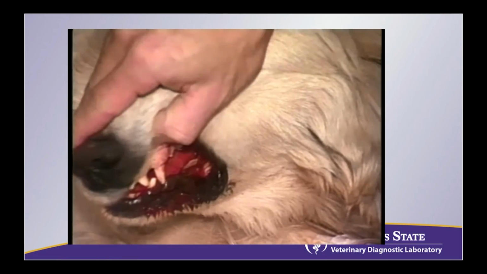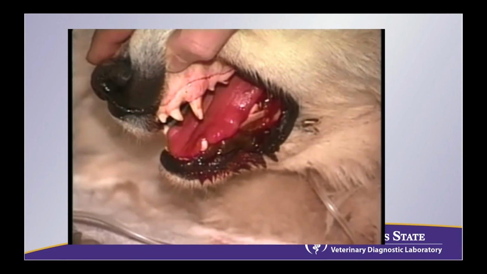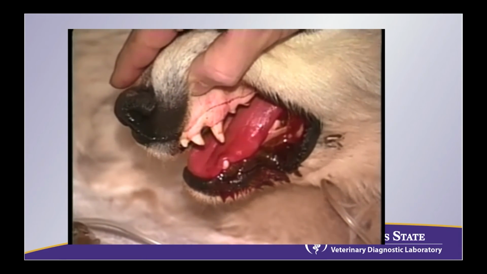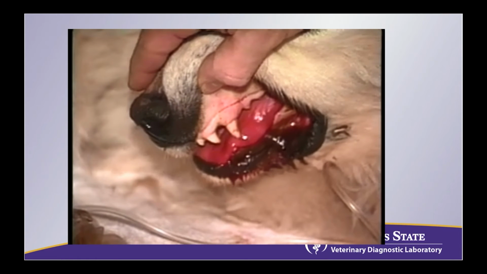A lot of the times in the past, we'd see pale mucous membranes and dogs that were starting to have respiratory issues because the lungs were one of the first organs that we would see affected. Again, these long-acting second-generation anticoagulants are still around.